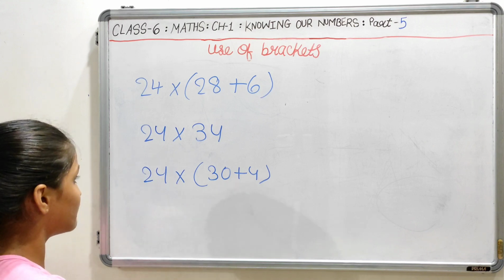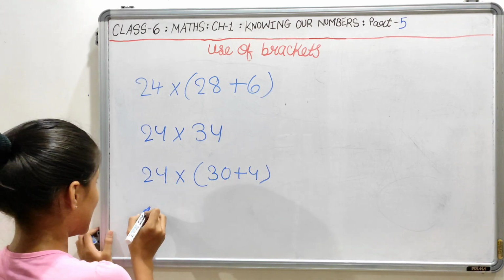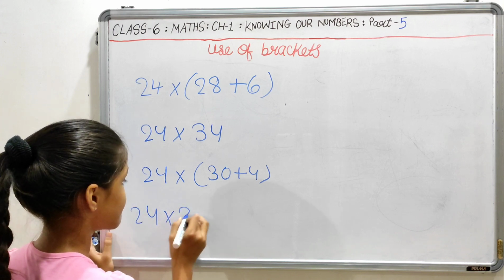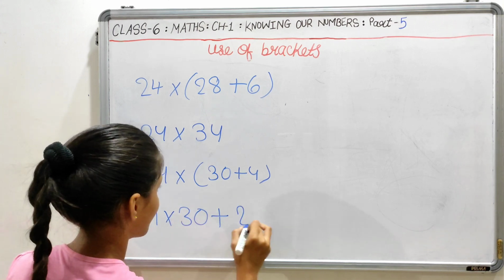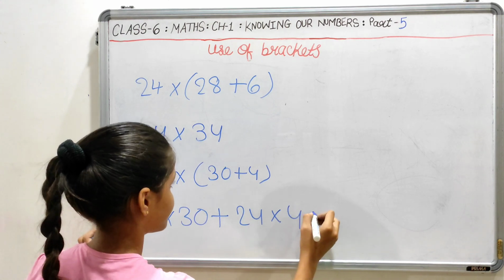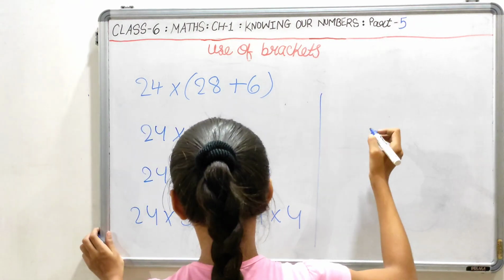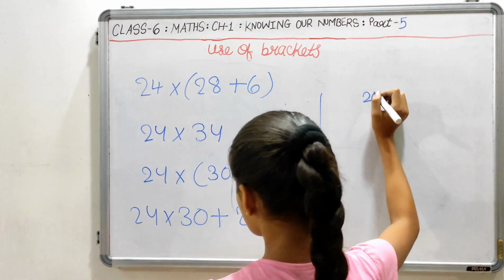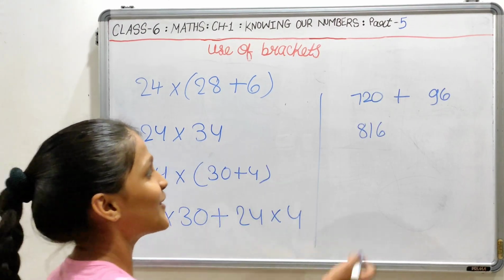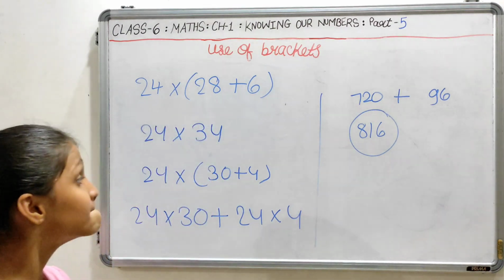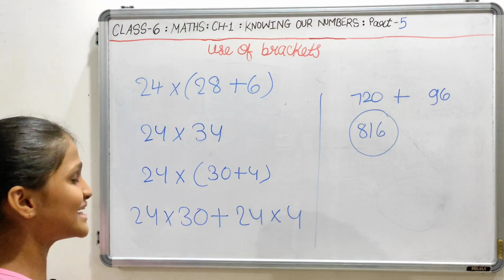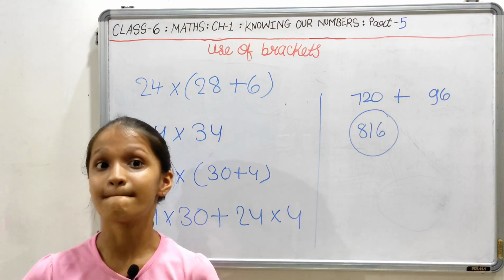So now we will solve directly. 24 into 30 plus 24 into 4. We got here 0, 3 4s are 12, 2, 1. Again we got our answer 816, but the difference is that this is the easiest method.